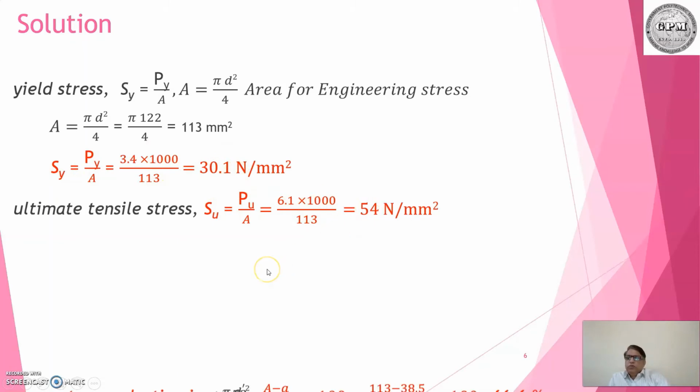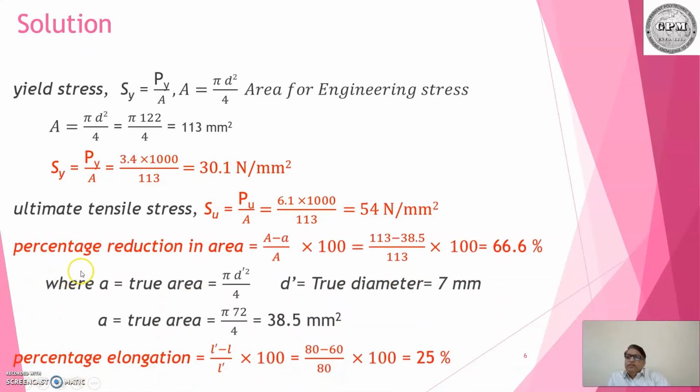And after this, we can find out what is the percentage of reduction in the area. (A minus A dash) divided by A into 100. Using this, we can find it is 66.6 percent, where A dash is the true area and D dash is the true diameter, equal to 7 mm, and A dash is 7 square.